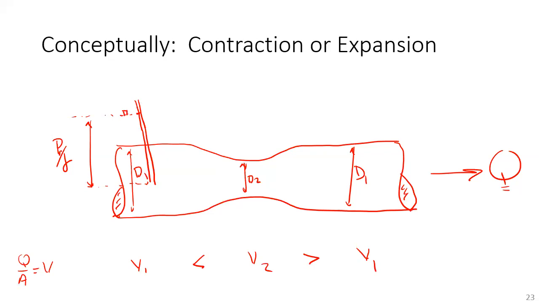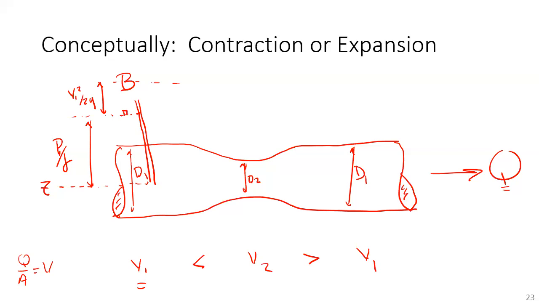So P1 over gamma is the height of that fluid. Since we have some velocity, a distance above that gives us the center line distance. So Z is on the center line of the pipe, and that's where a manometer is reading the pressure. Z plus P over gamma plus V squared over 2G is the Bernoulli sum B.